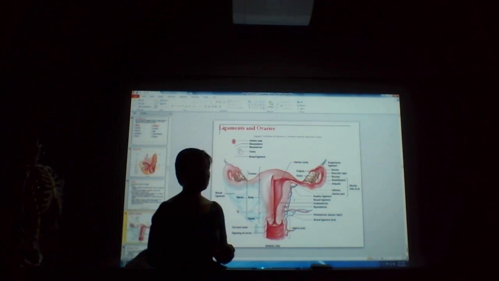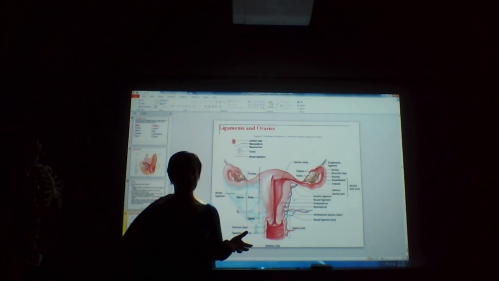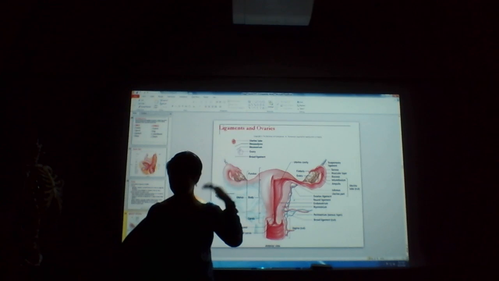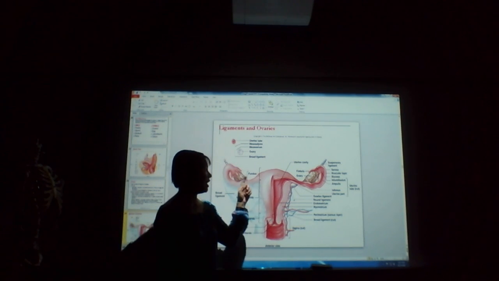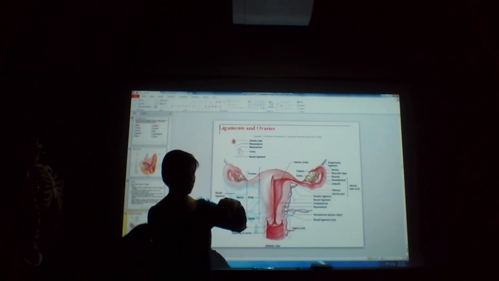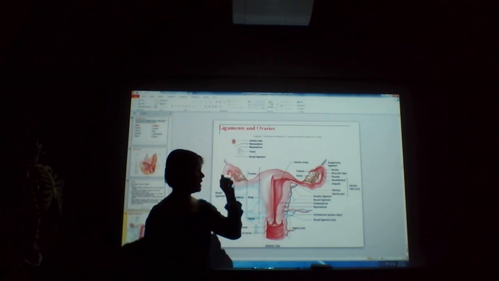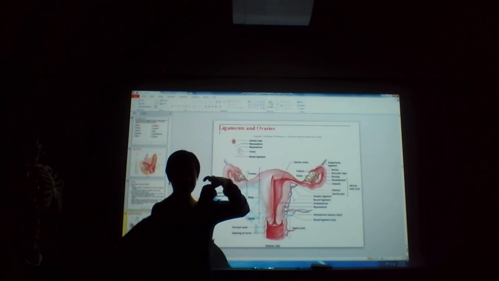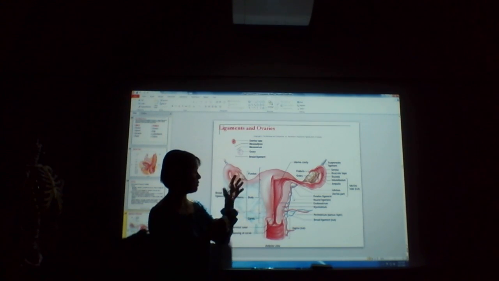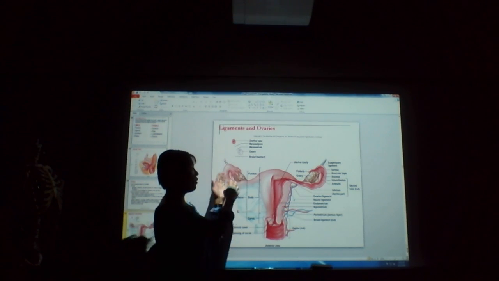Have you heard of the term ectopic pregnancy? Meaning pregnancy outside of the uterus. All pictures will show the ovary to be almost closed like that. But in fact, there is a space between the fallopian tube and the ovary, so that there is an opening.